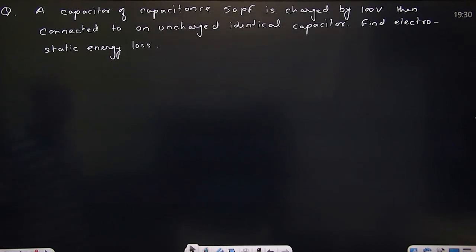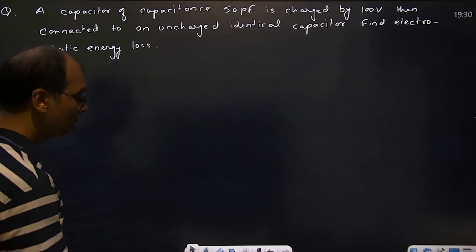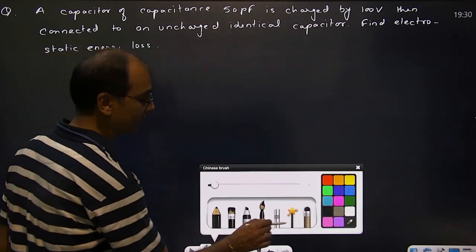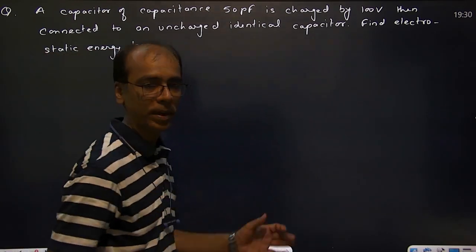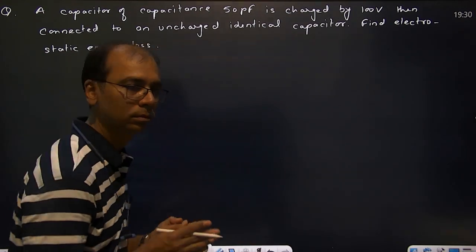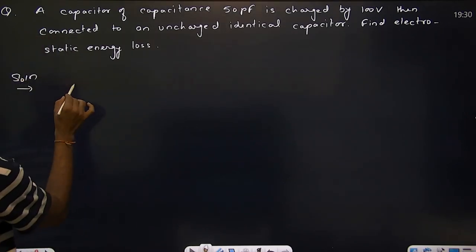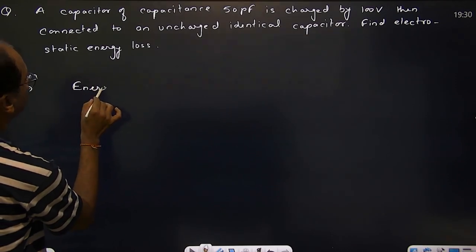See then, a capacitor of capacitance 50 picofarad is charged by 100 volt, then connected to an uncharged identical capacitor. Find electrostatic energy loss. Now, electrostatic energy loss, whenever you are connecting two capacitors, we know its direct formula. We derived that energy loss formula.